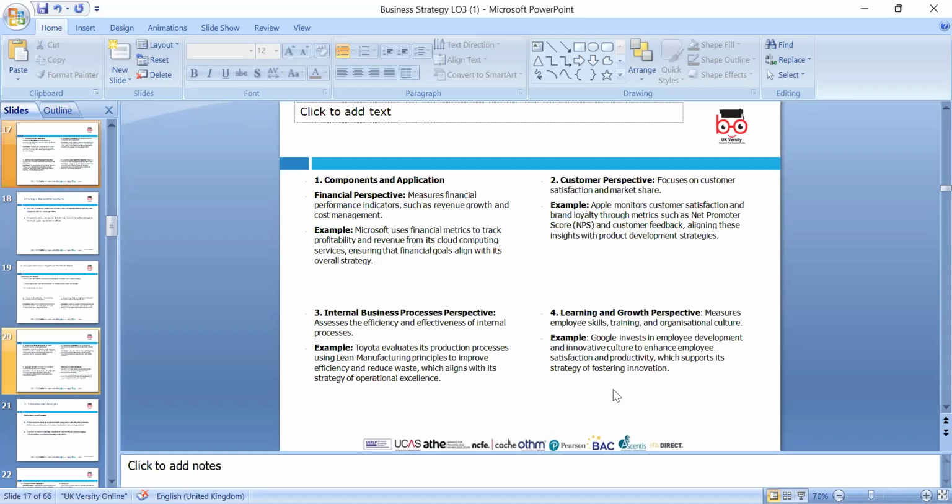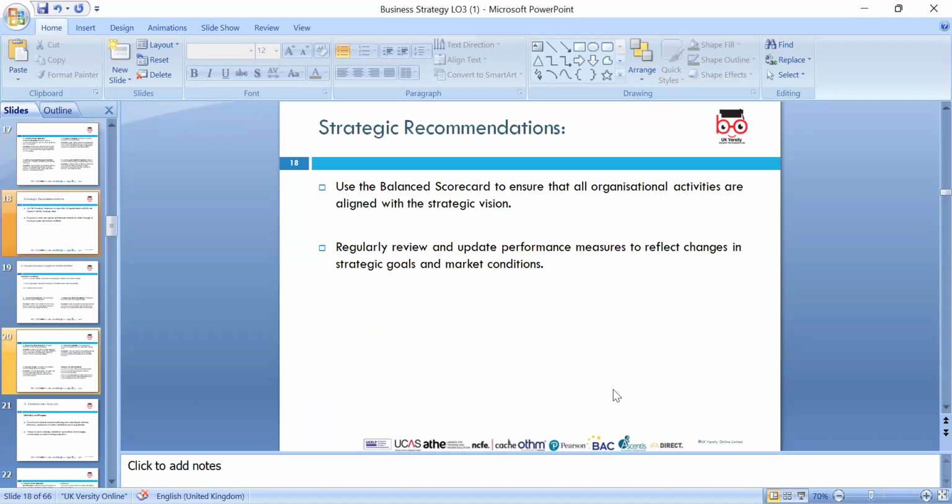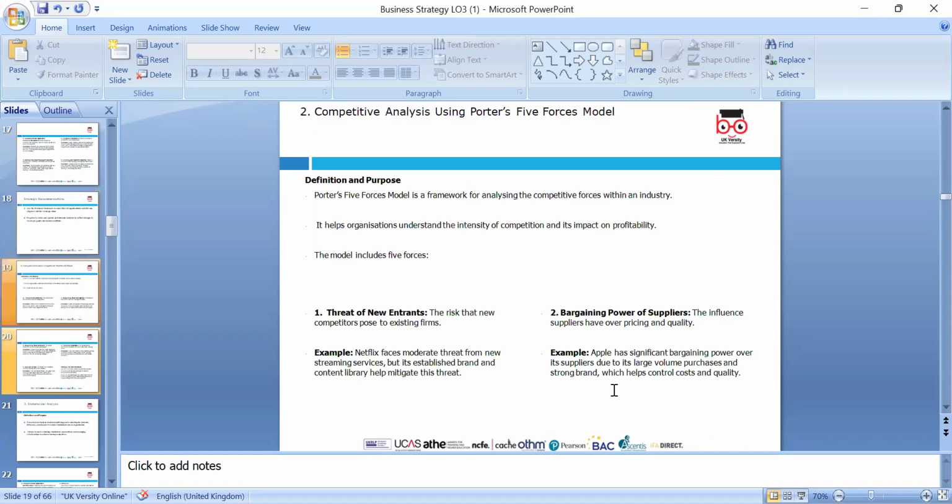So we have NPS, net promoter score, that's the customer feedback. That's we can look around in the customer perspective, and learning and growth, so new skills, new training and incentives, like Google is giving up to 40%, and they're sending people on training, fostering innovation. Strategic recommendation using this model will help to streamline and reflect the strategic growth in the markets.